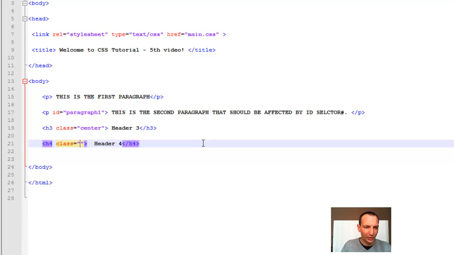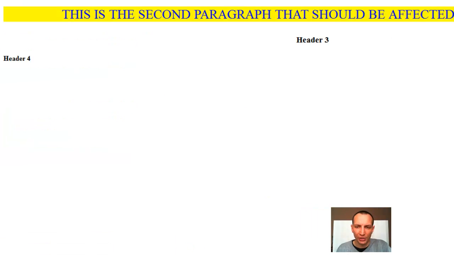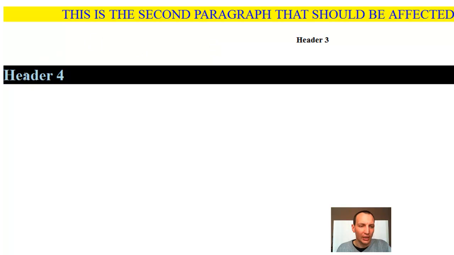So I'm going to put class equal to the value whatever style. And now header 4 will be affected by the class selector of whatever style. So let's go ahead, guys, and refresh it on our site and see what we get. You can see that header 4, guys, gets a bigger font size, gets the background of black, and the color of the text is light blue.